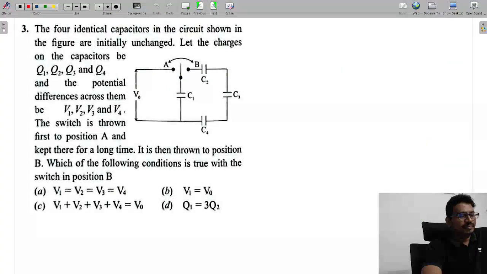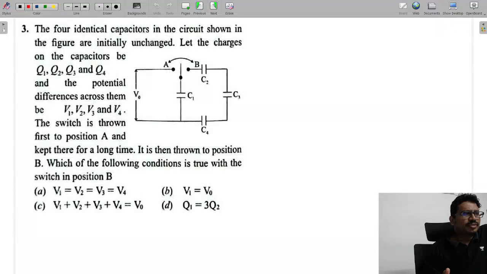Next, now see this question. The four identical capacitors in the circuit shown in the figure are initially uncharged. Let the charges on the capacitors be Q1, Q2, Q3, Q4, and the potential differences across them be V1, V2, V3, V4.